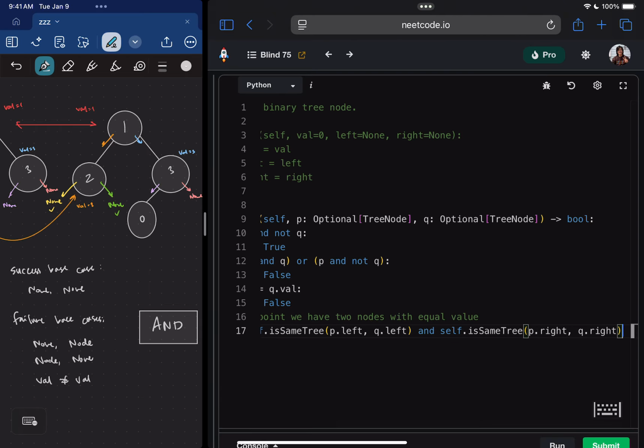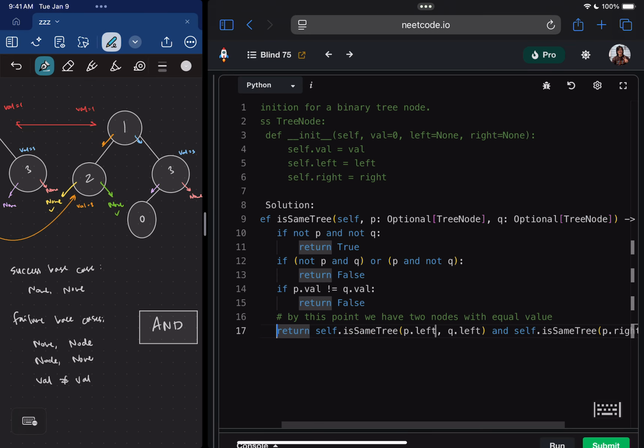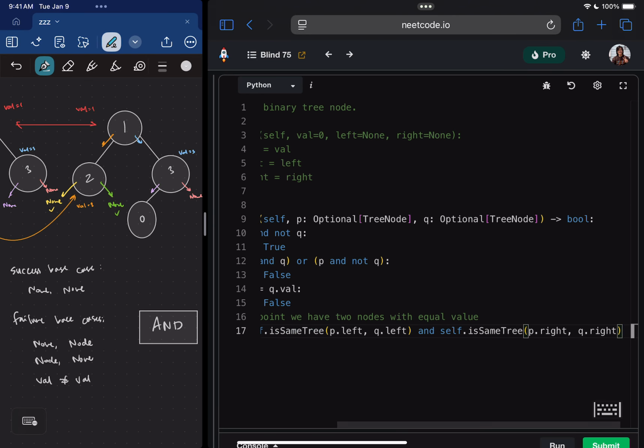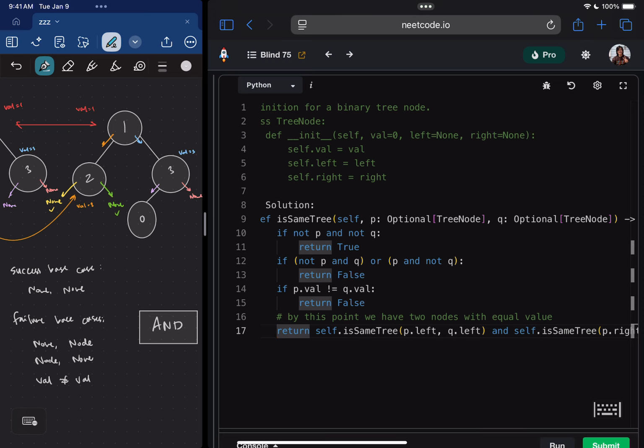And again, summarize that as tell me if the right subtrees are equivalent. And again, we're combining that with an and, because if one of them fails, so for example, if the left tree fails, we won't even look at the right tree. We can just stop immediately and return either true or false.